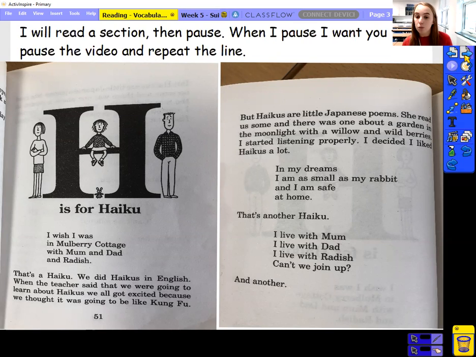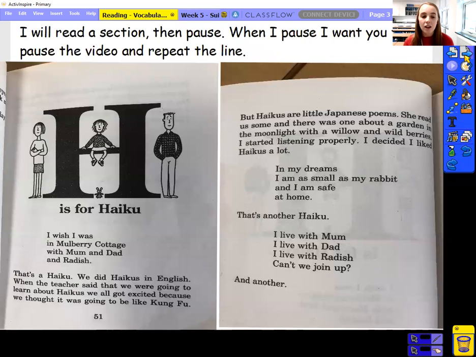I started listening properly. I decided I like haikus a lot. In my dreams, I am as small as my rabbit, and I am safe at home. That's another haiku. I live with Mum. I live with Dad. I live with Radish. Can't we join up? And another.